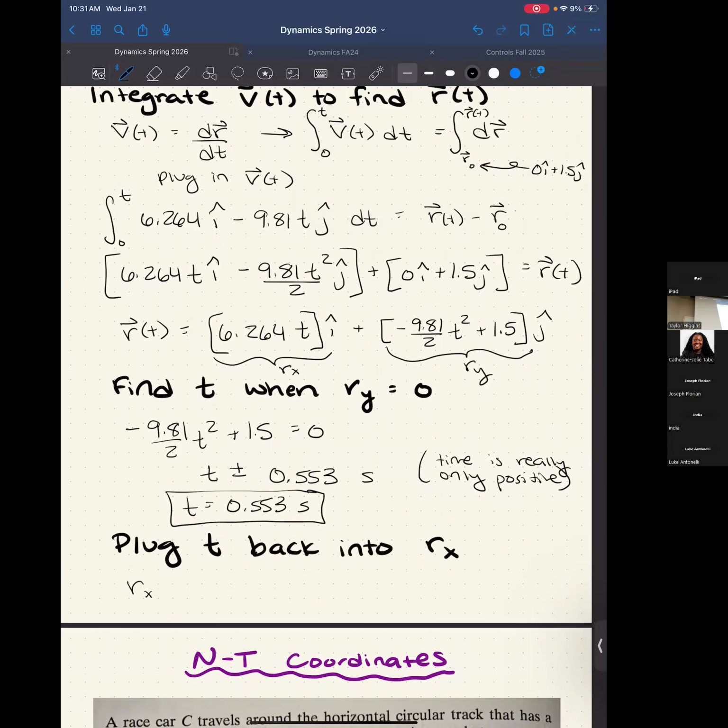So Rx equals 6.264 times t. So 6.264 times 0.553 equals, what'd you get? 3.46 meters. Very good.